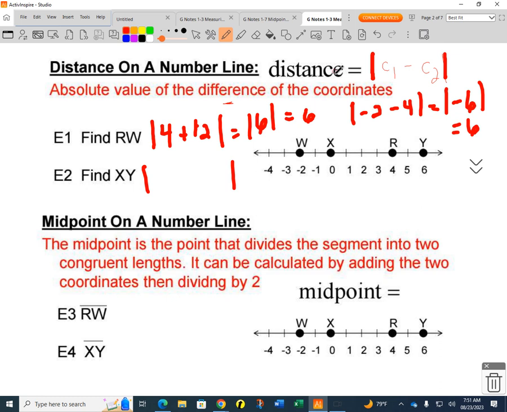I can do them in either order because distance doesn't change, but I'm going to do them in this order. 0 is the coordinate for X, -6 is the coordinate for Y. So what I have is the absolute value of -6. So that also has a length, a distance of 6 between those 2 points.